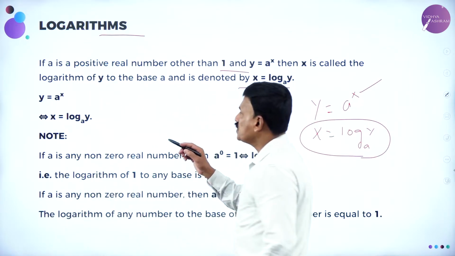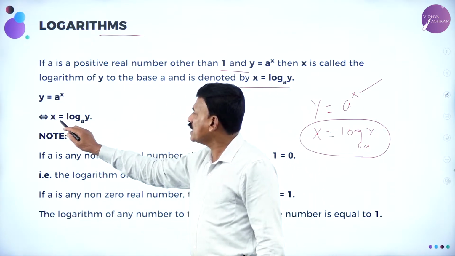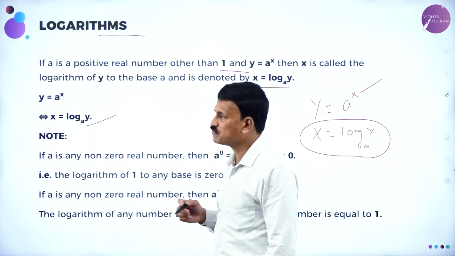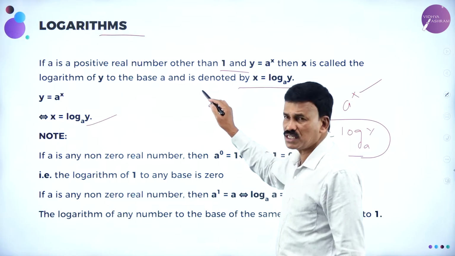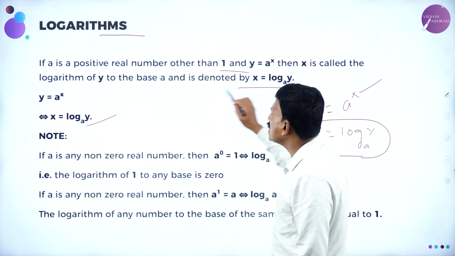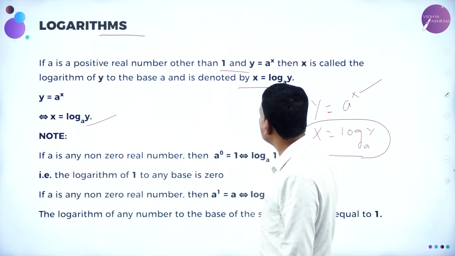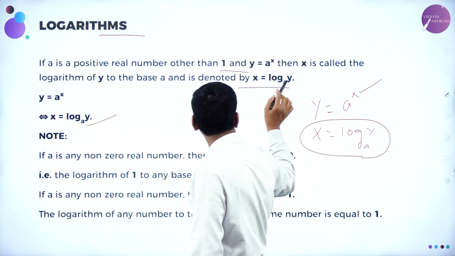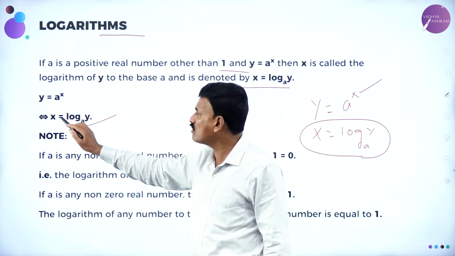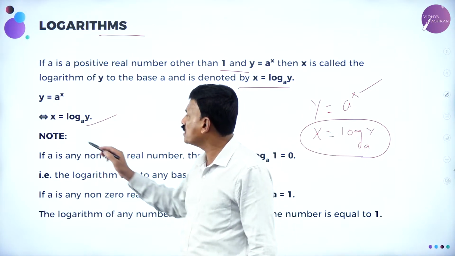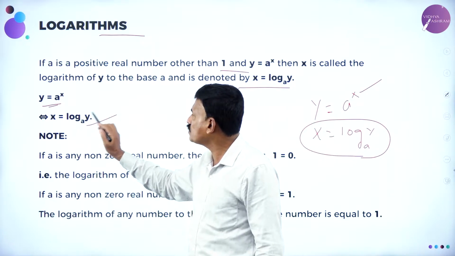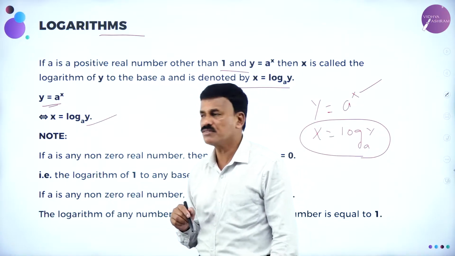That is, if a is a positive real number other than 1 and y is equal to a to the power of x, then this power x is called the logarithm of y to base a, denoted as x is equal to log y to base a.